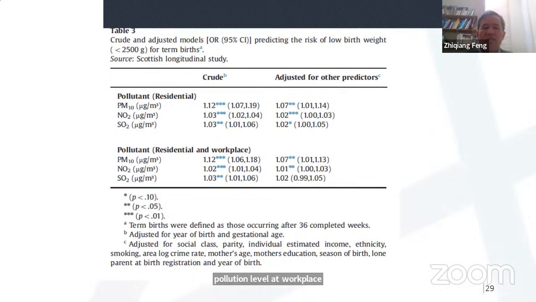Surprisingly, they didn't find much difference between the association with residential alone or the combined measure of residential and workplace. So it's more likely the pollution at workplace is more random, so it didn't contribute too much to the birth weight in this case.